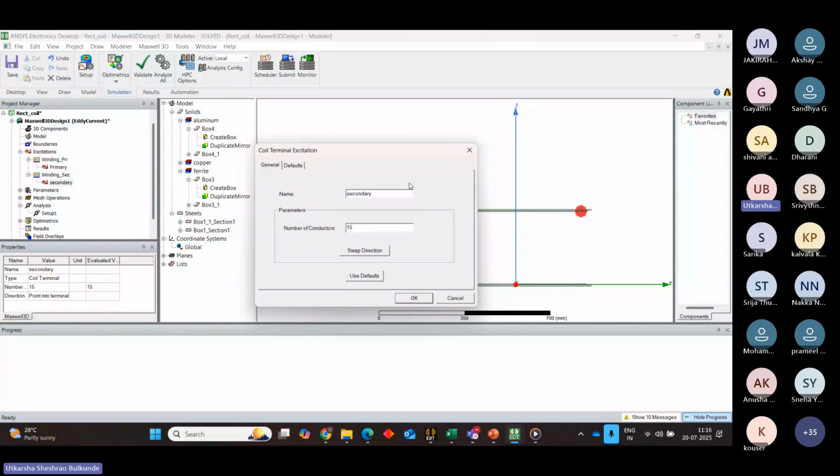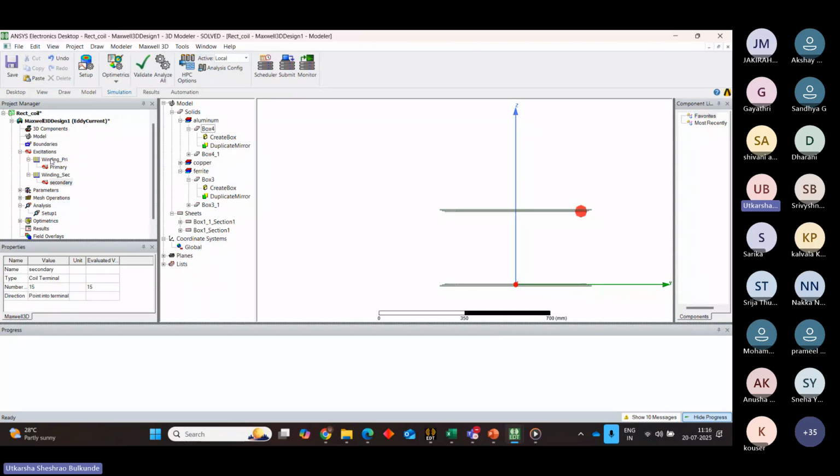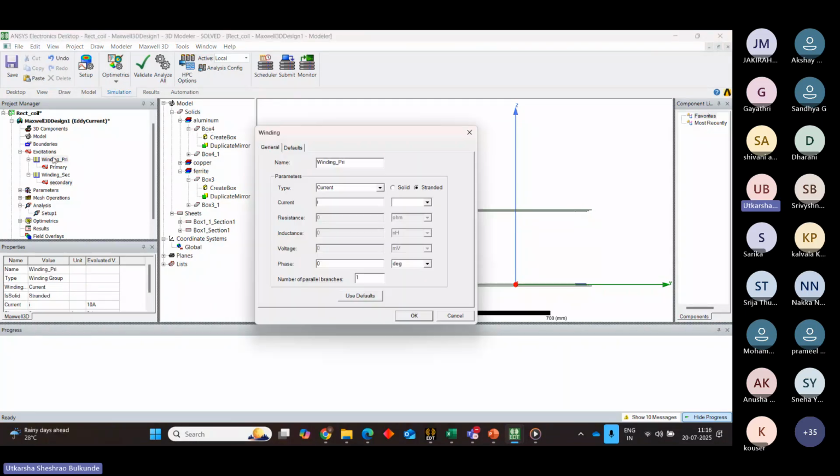This is also 15 turns. Everything I did correctly only. Why is it showing error?